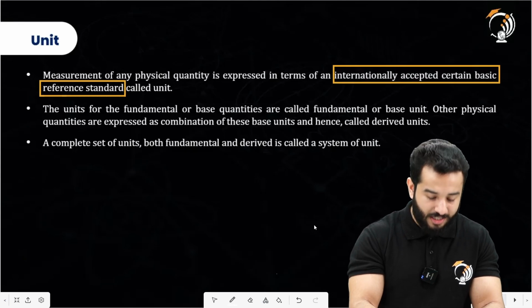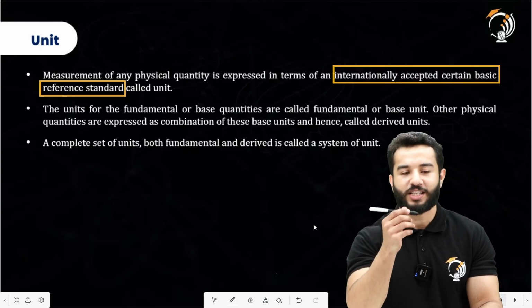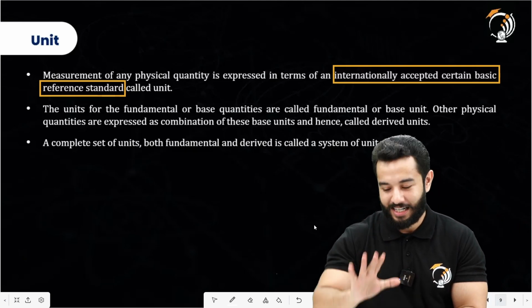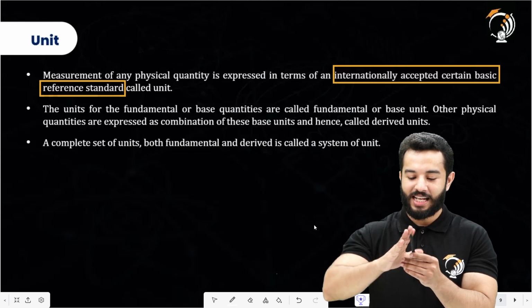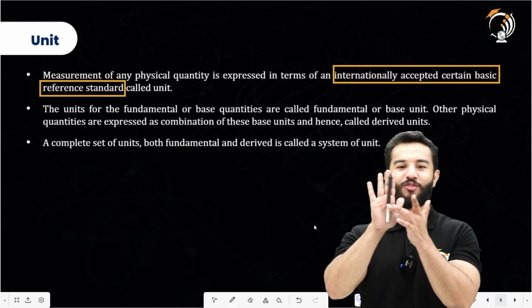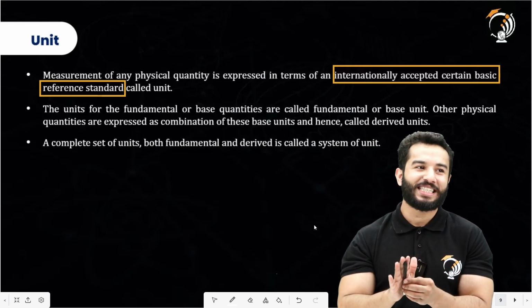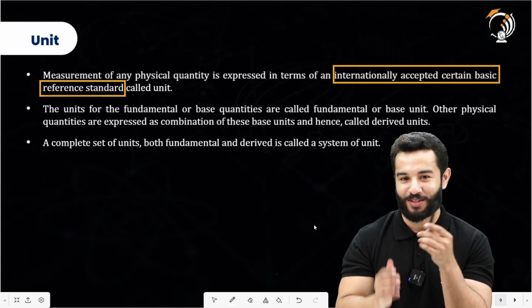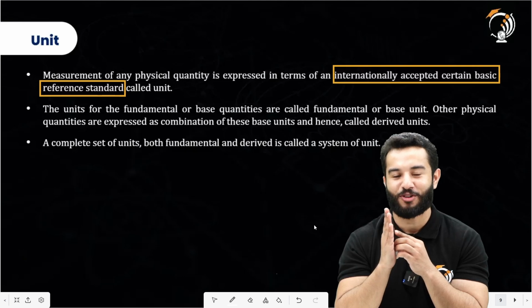For example, let's suppose I invented a certain unit, and let's suppose this is exactly the length of my palm. So I would say that the length of this pen is equal to the length of my palm.